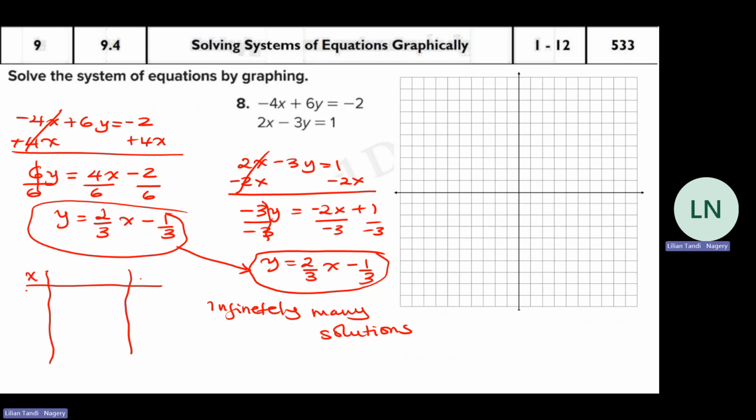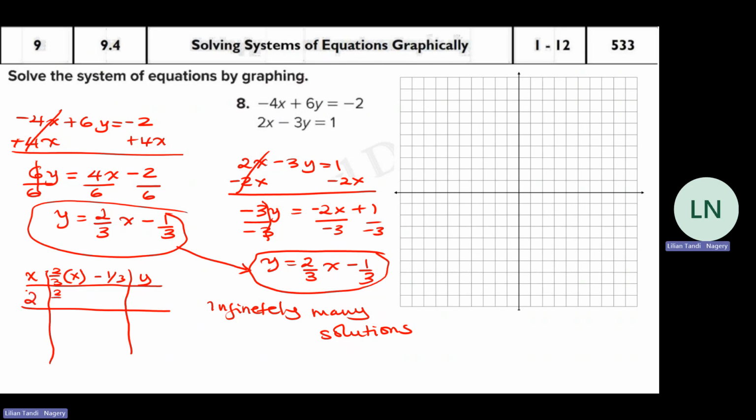So put here x, you put here y, 2 over 3x minus 1/3. Now, here I cannot use 0. Why I cannot use 0? Because this is a fraction. So I need to use values that will give me whole numbers. So we do 2.